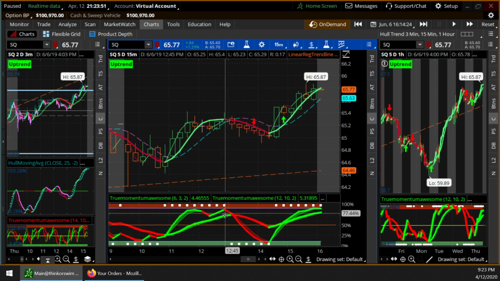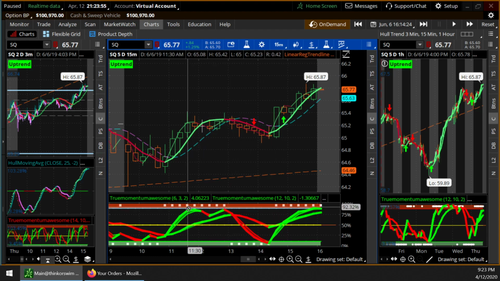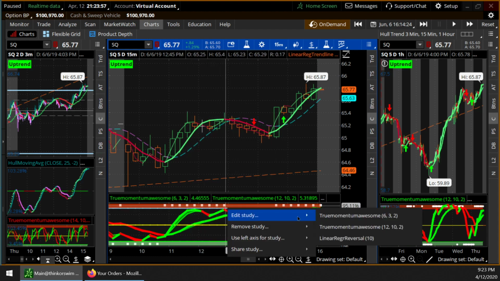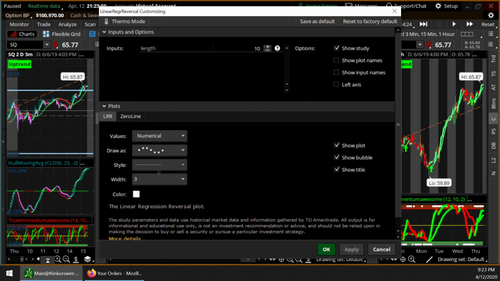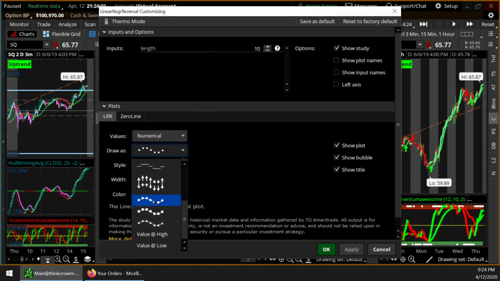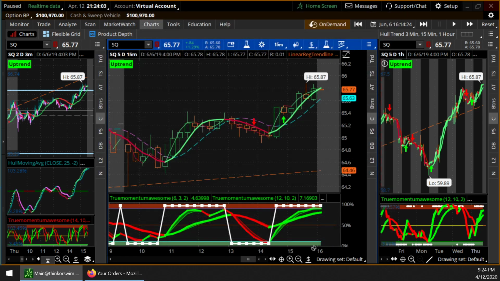Oh, I almost forgot about this linear reg reversal. This linear reg reversal acts as price action, and there's multiple ways that you can set it up. We'll do that real quick to make it a little bit easier to see. Essentially, as your price is moving, this will match what your candlesticks are doing.